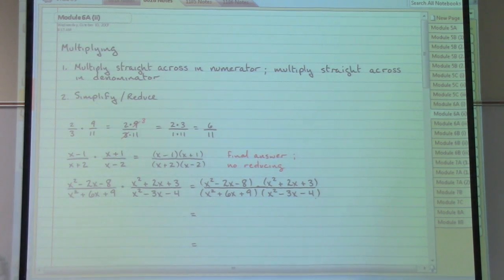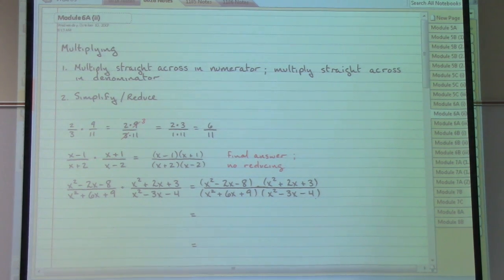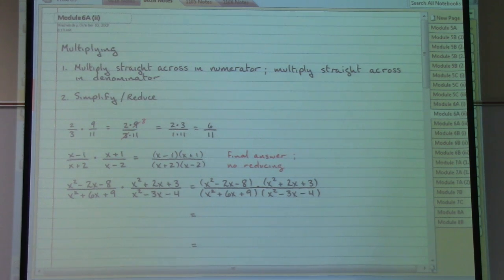So if we start with the x squared minus 2x minus 8 that is at the beginning of our now larger numerator, using our factoring checklist, there is no greatest common factor. There are 3 terms, so we use the AC method, and we come up with a parentheses x minus 4, parentheses x plus 2.